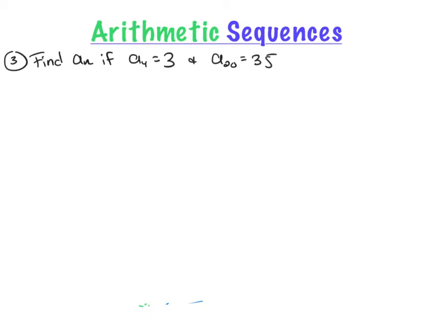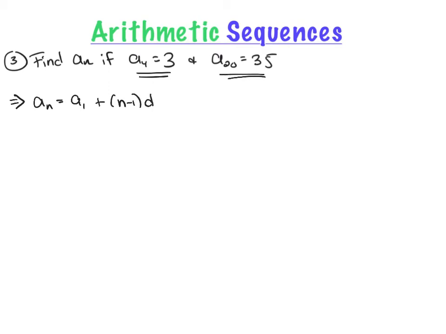Let's do the same type of problem, but in a slightly different manner. So let's still find an explicit formula, a sub n, but now instead of being given the terms of the sequence, we're just told that a sub 4 is 3 and a sub 20 is 35. Okay, so I want you to remember two things. First of all, our formula for a sub n. A sub n is the first term plus n minus 1 times the common difference.